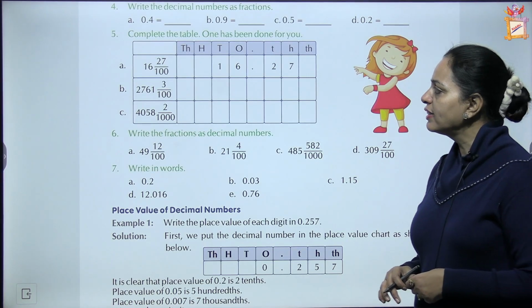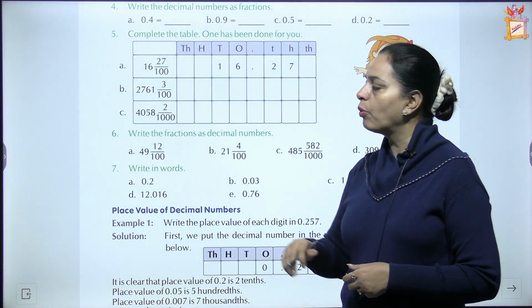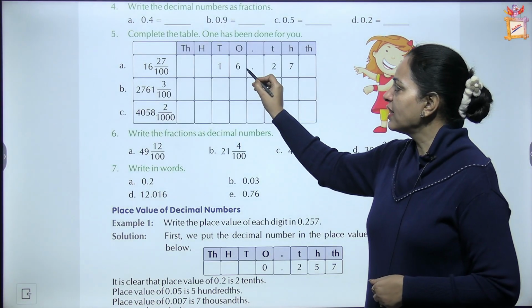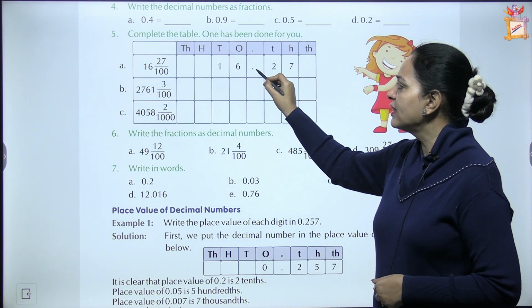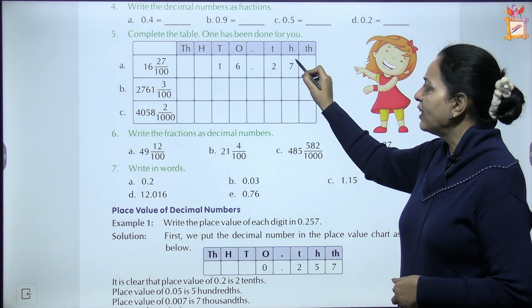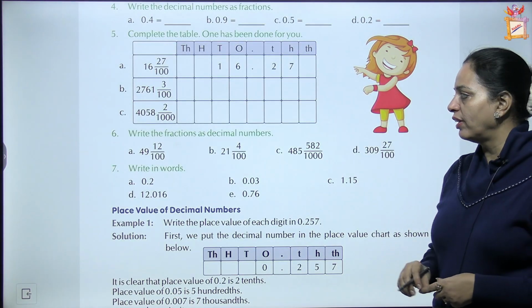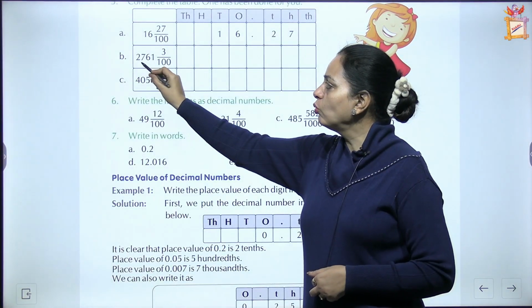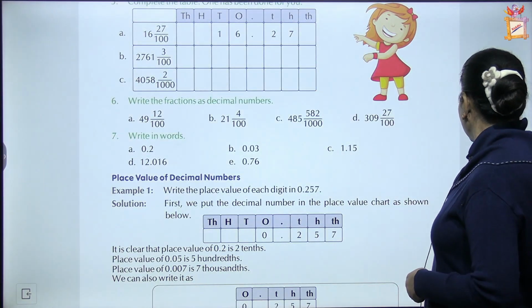Like A part, 16 whole 27/100. So what to do? 16 means 6 at ones, 1 at tens, decimal point. Now 2 at tenths and 7 at hundredths, right? So similarly, you can try this. Here 2761.